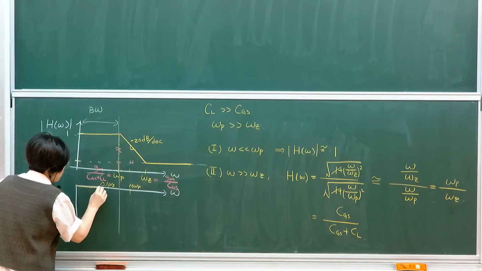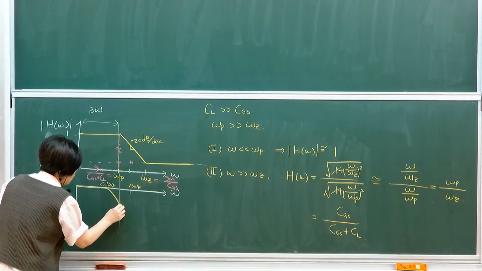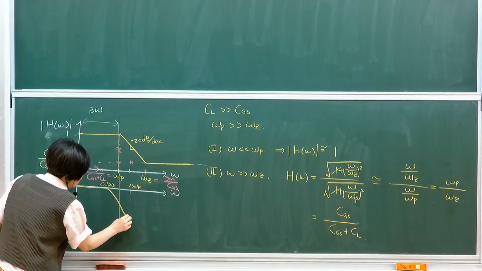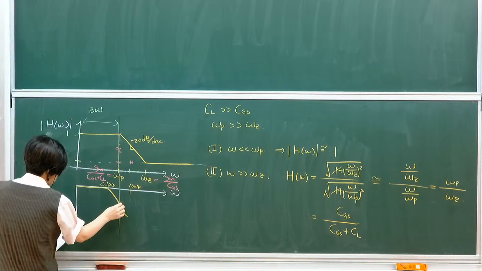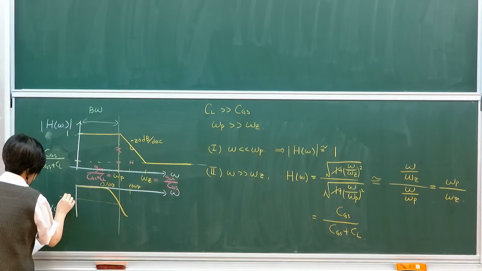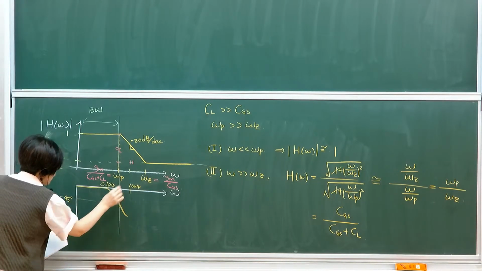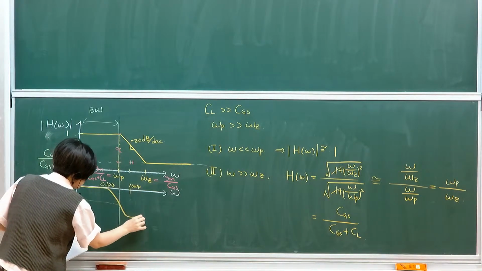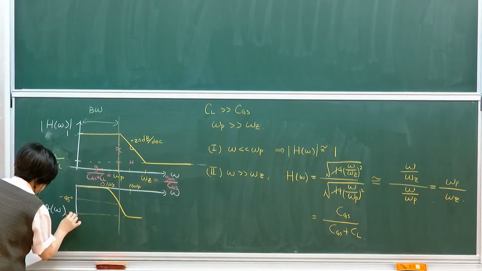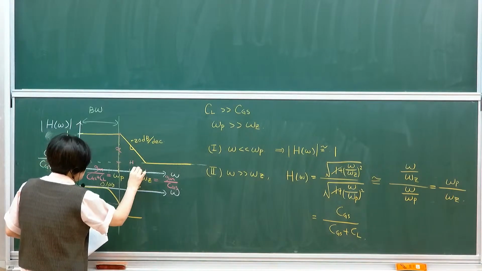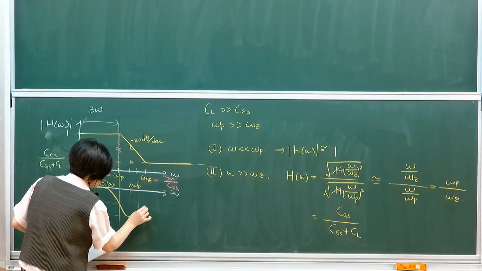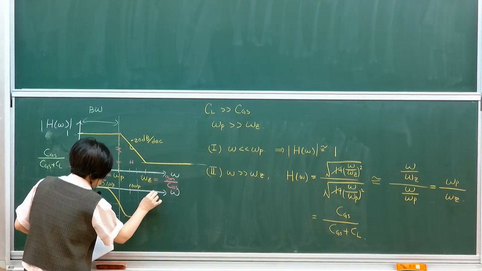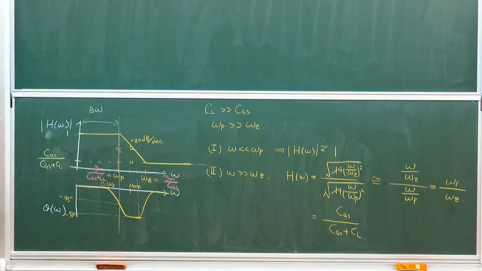So it starts to drop when it hits the pole, right, like that. Let me highlight. This is minus 45. And then in between, it will hit minus 90. And then it will start to rise, maybe close to 10 omega z. And this is when I'm assuming poles and zeros are far away.